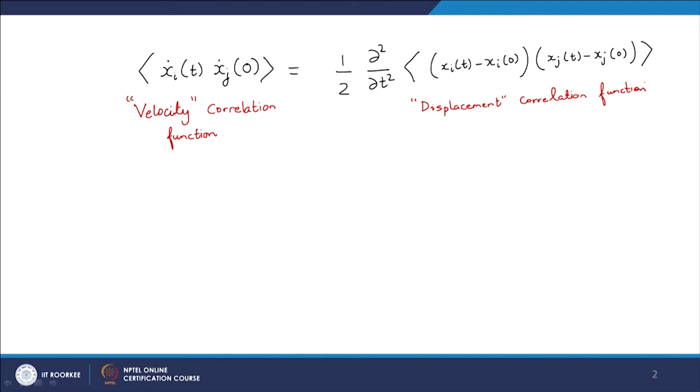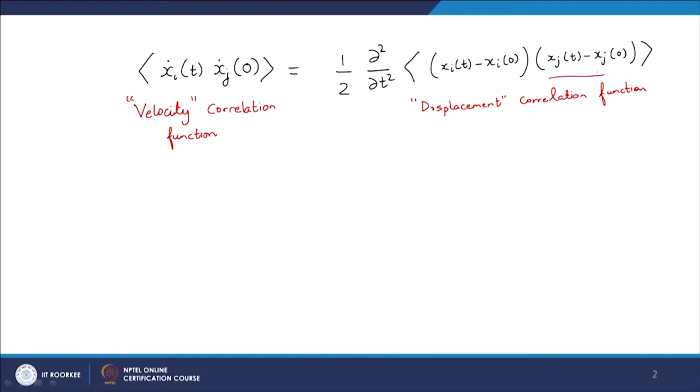And just to give an example of what xi and xj can be, so xi and xj can be, for example, the change in position along x and y direction. So the first term would then be change in x, second term will be change in y, and on the left hand side we would have the velocity in x multiplied by the velocity in y.